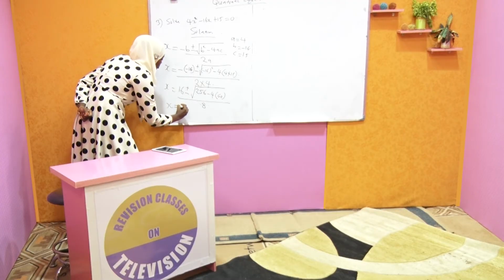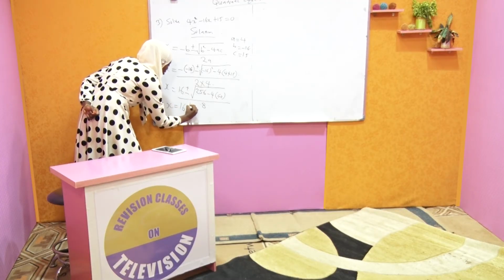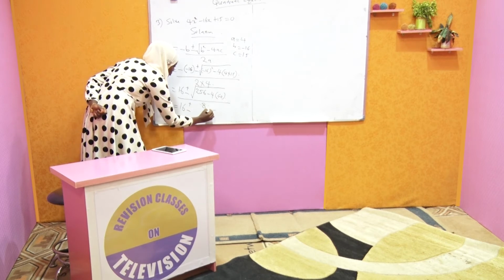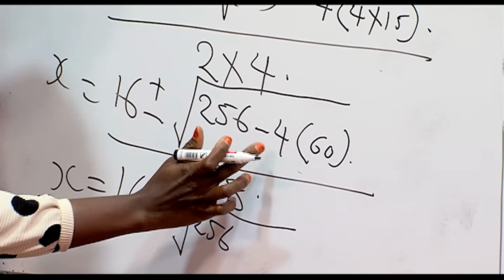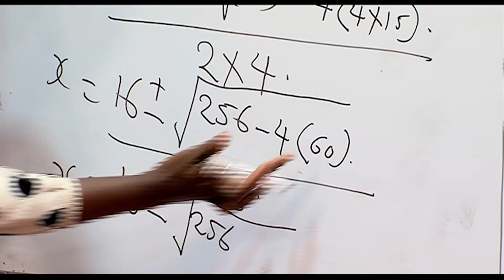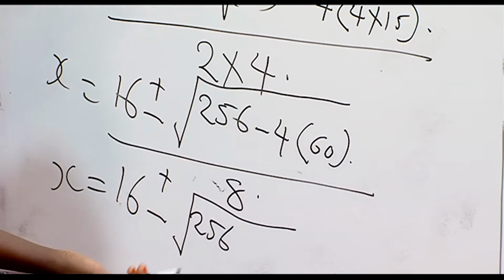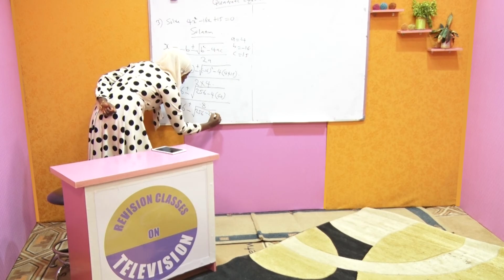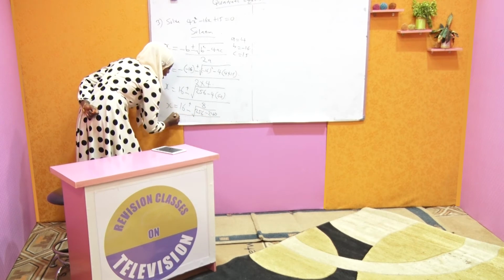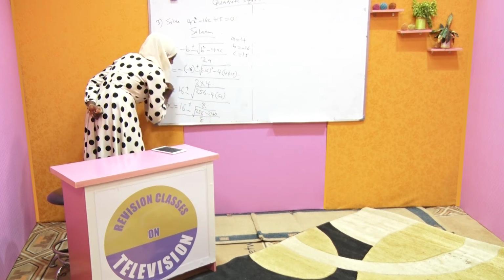Evaluating further, we have 16 plus or minus the square root of 256. Now minus 4 times 6, say 4 times 6 is 24. With this 0, that will give you 240. So that's minus 240 all over your 8.